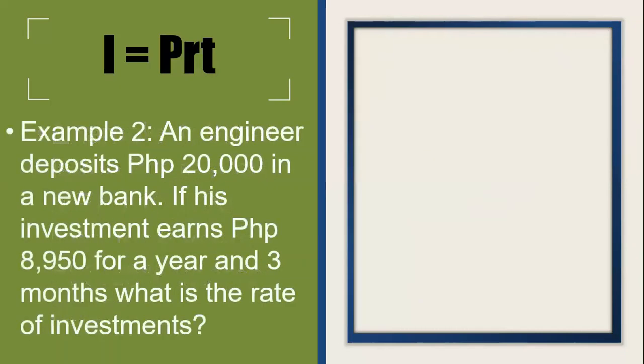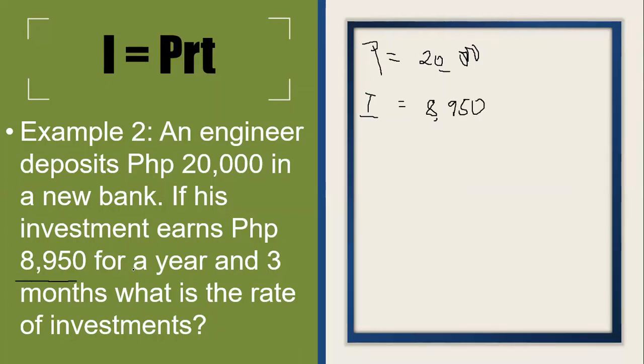Example number 2: An engineer deposits 20,000 in a new bank and his investment earns 8,950 in a year and 3 months. What is the rate of the investment? So this time, meron tayong present value which is 20,000, and our simple interest I is 8,950.